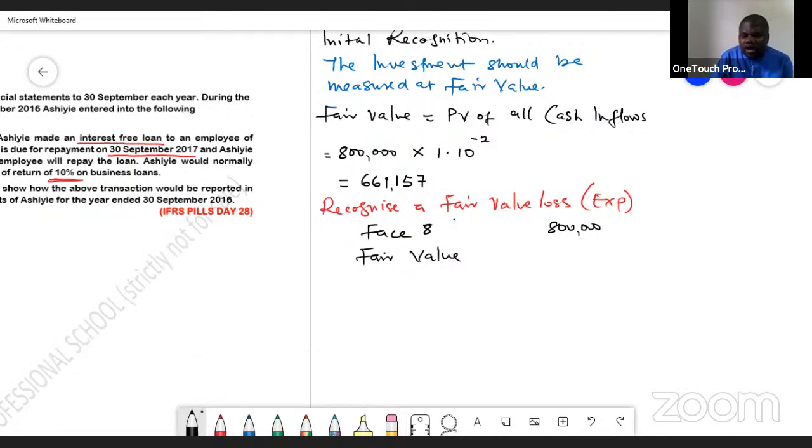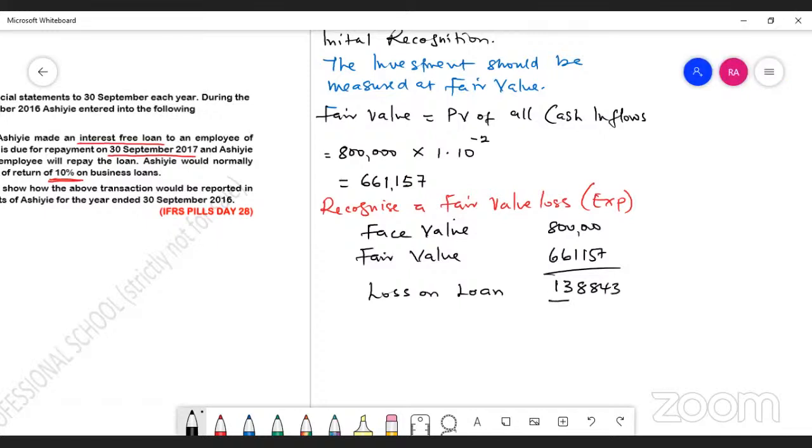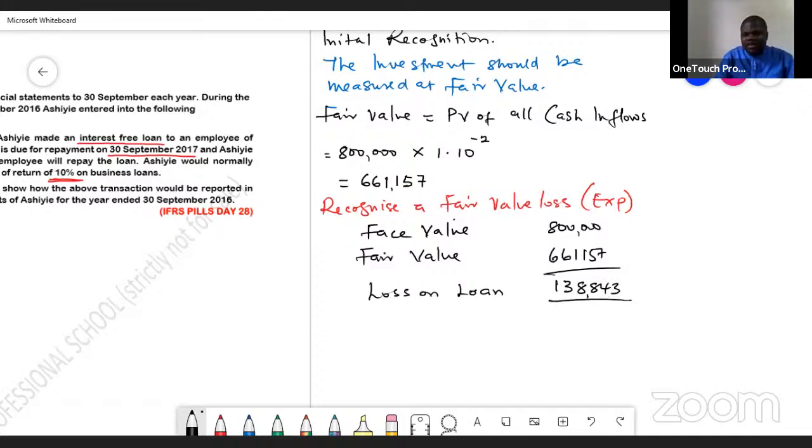But when you compare the amount you are going to get, it is far less than 800,000. So that difference is a loss on loan. That is 800,000 minus 661,157, which is 138,843. And after that, we carry the fair value, that is the 661,157, at amortized cost.